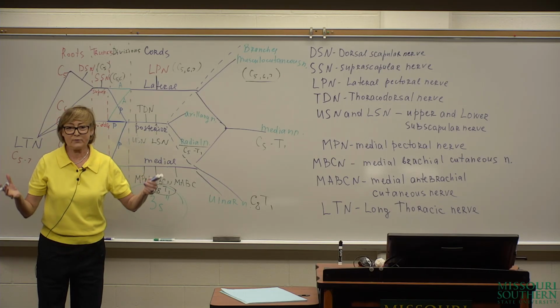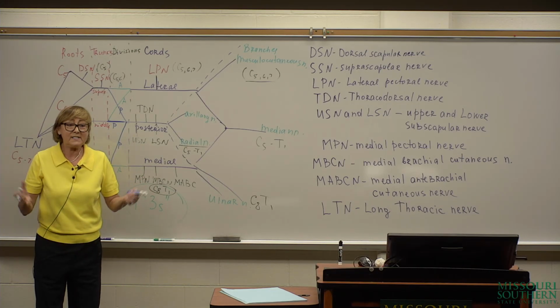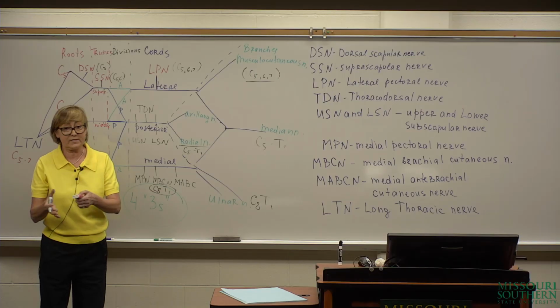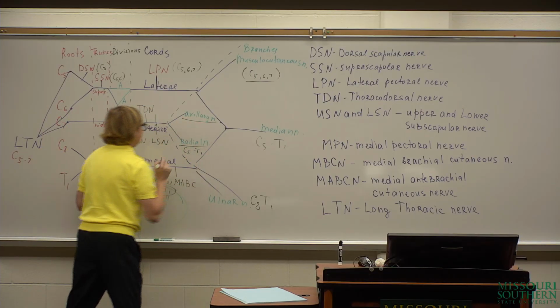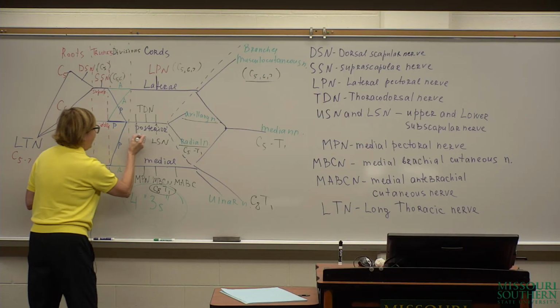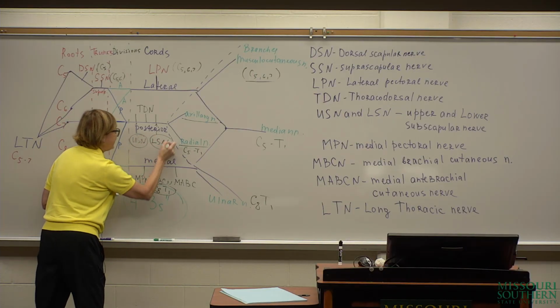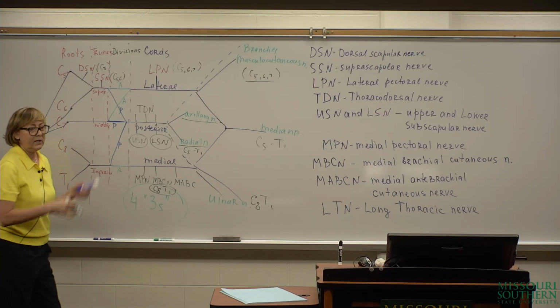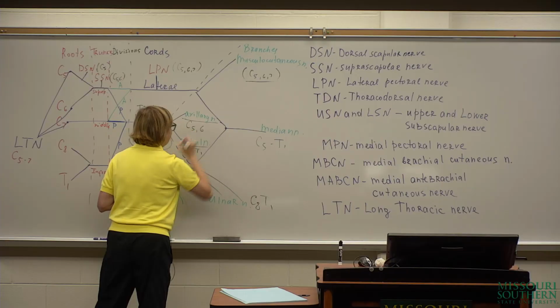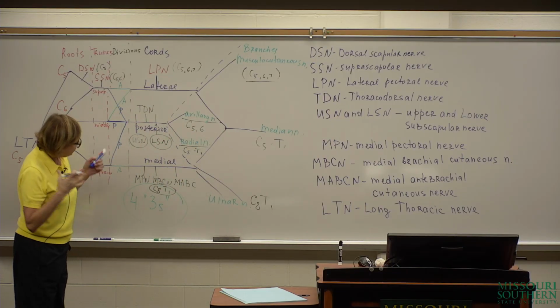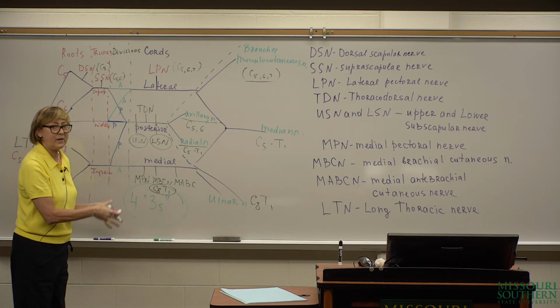So now exceptions from the rules. So welcome to medicine, we always have exceptions. So the axillary nerve, upper and lower subscapular nerves, they are contributed by C5 and C6. So that's what you need to memorize.